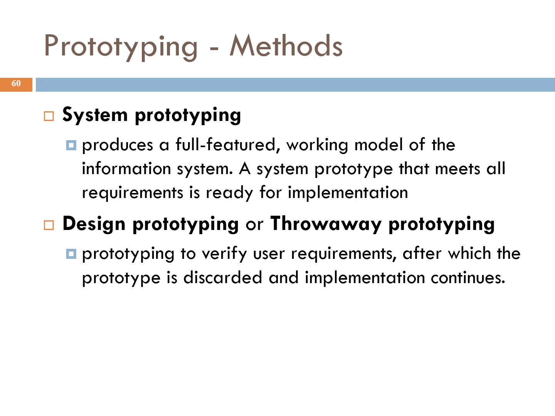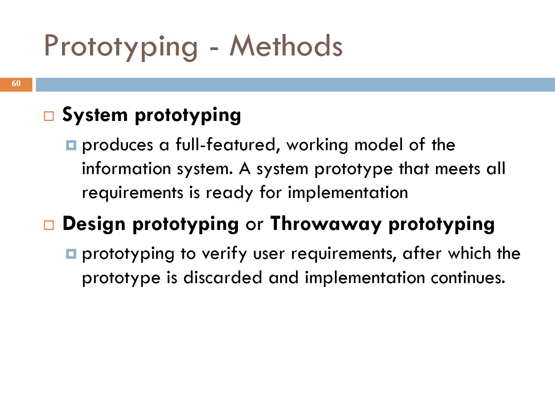Prototyping methods. The first method is system prototyping. So what is system prototyping? It produces a full-featured working model of the information system, a system prototype that meets all requirements and is ready for implementation.